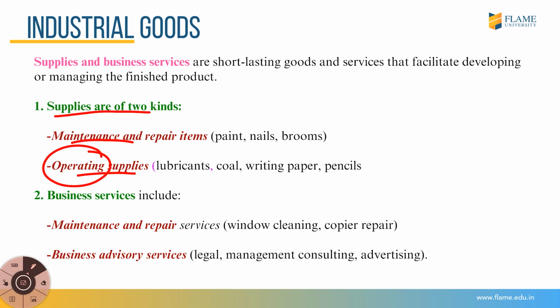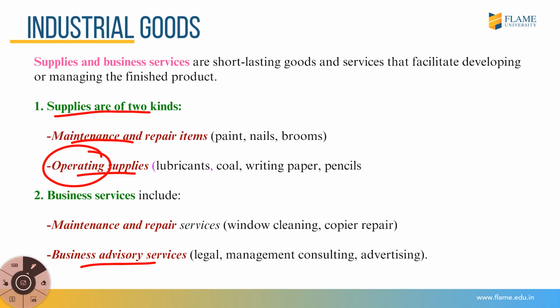And lastly, things which support the running of an office, like window cleaners and copier repair, which are not a part of the organization but are hired by the organization, and they are a different company which comes and does the work. And then there are business advisory services, like consultants and agencies who help you in advertising the product.